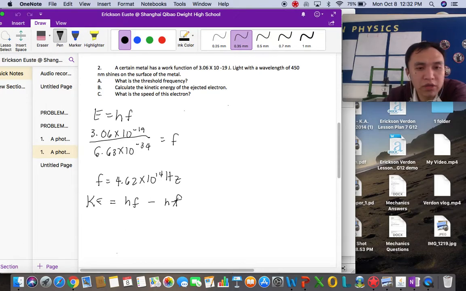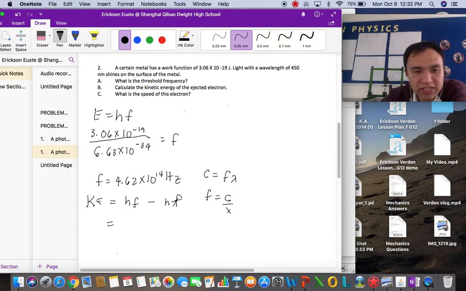So, how are you going to do that? With this, we can first get the energy of the photon. Remember that c is equal to f lambda. That means that f is equal to c over lambda.